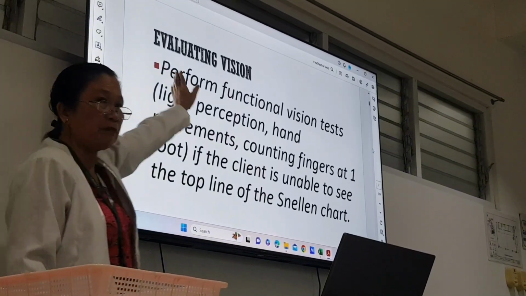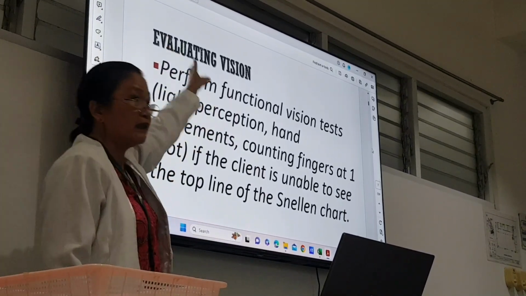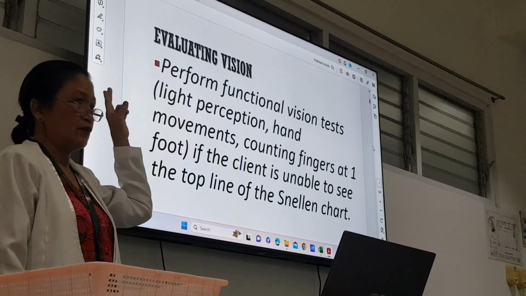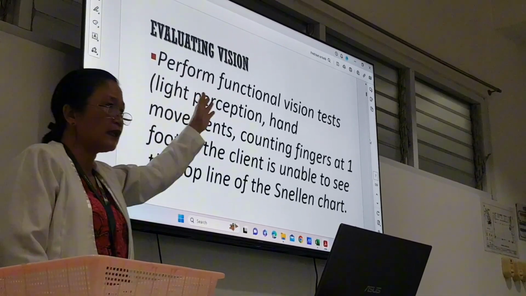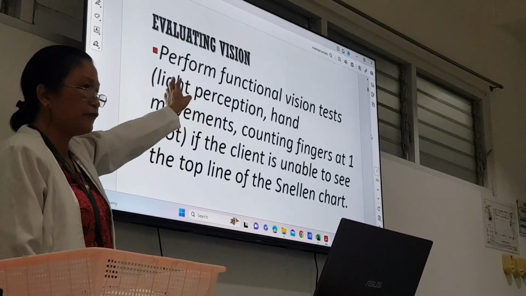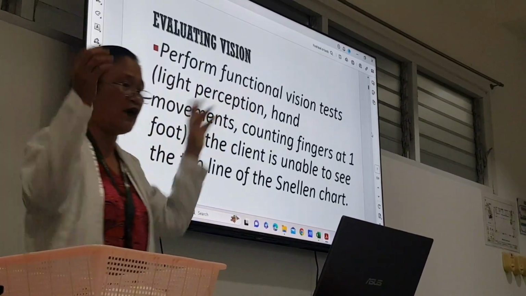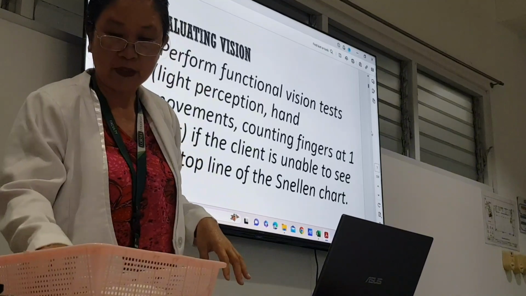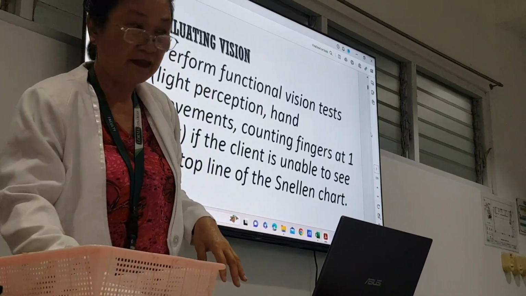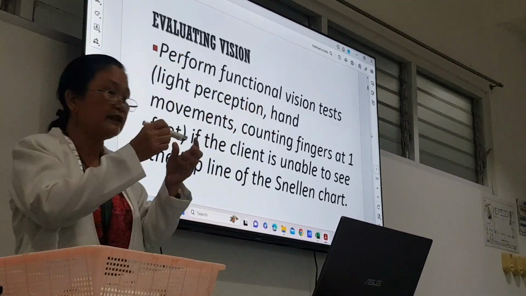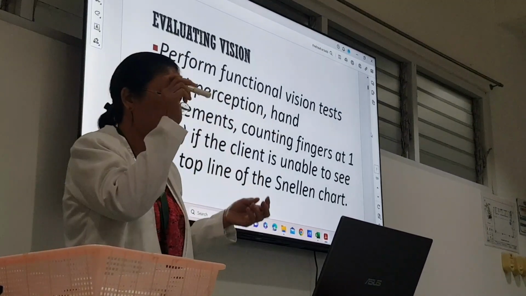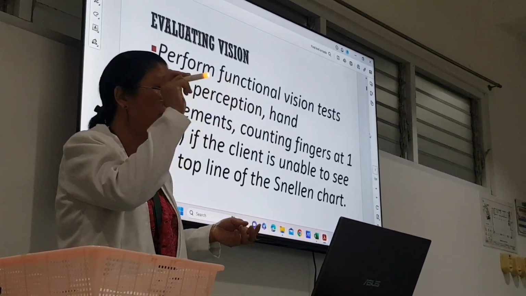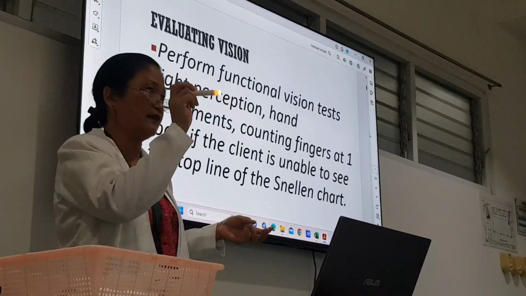It means the top line of the Snellen chart is your letter E. So, if Mr. Gabriel can no longer decipher that letter E, now functional vision test, light perception, you are going to use now your pen light so that kung ano ba ang nakikita niya dito sa pen light. What if he can still see the light?